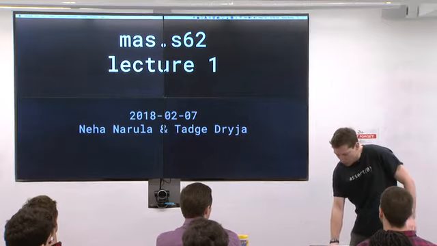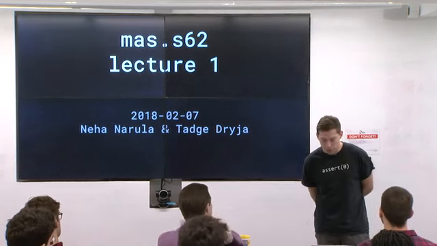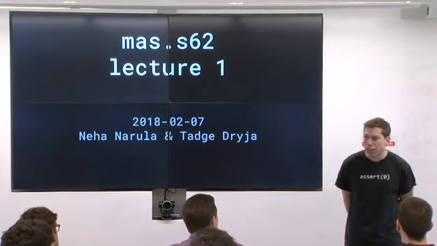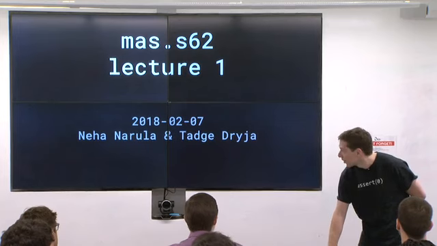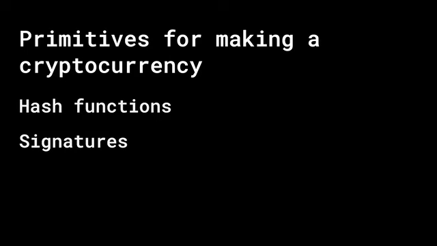So I'm going to talk about somewhat more abstract and low-level primitives. I'm not going to quite get into cash or tokens or transfers or anything this lecture. But I'm going to talk about the really basic primitives that you need, that we already sort of mentioned: hash functions and signatures.